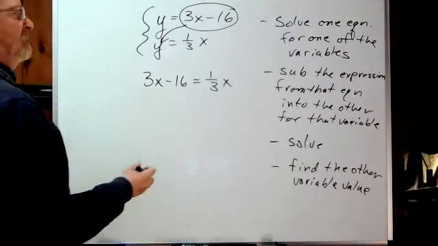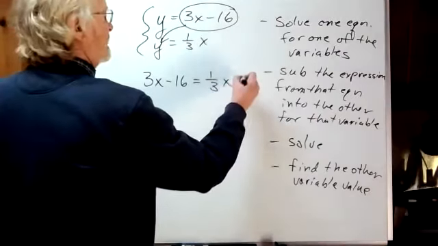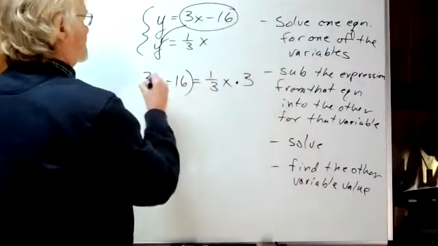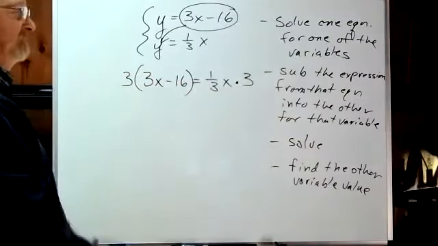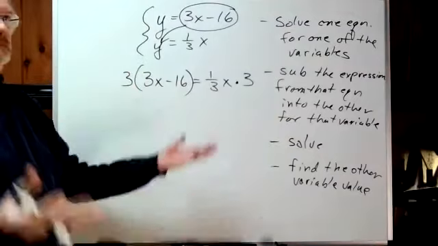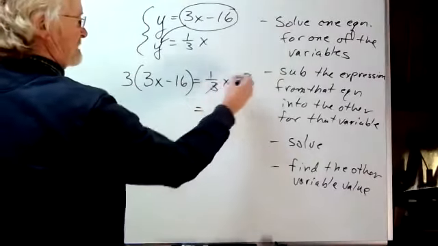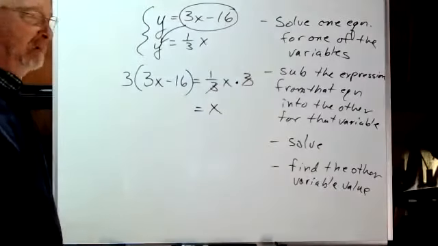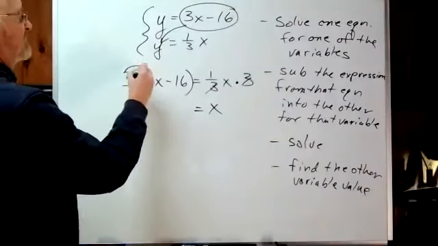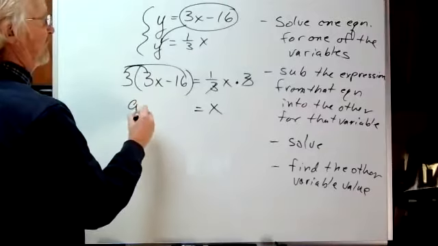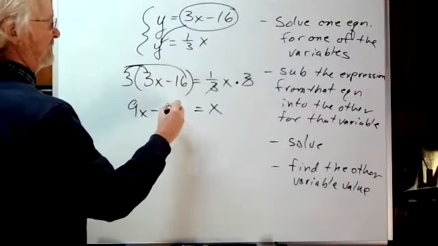So if I were to multiply both sides by 3, still legal. Over here, I get, cancels out just x. Here I have to distribute. I get 9x minus, that's a 48.